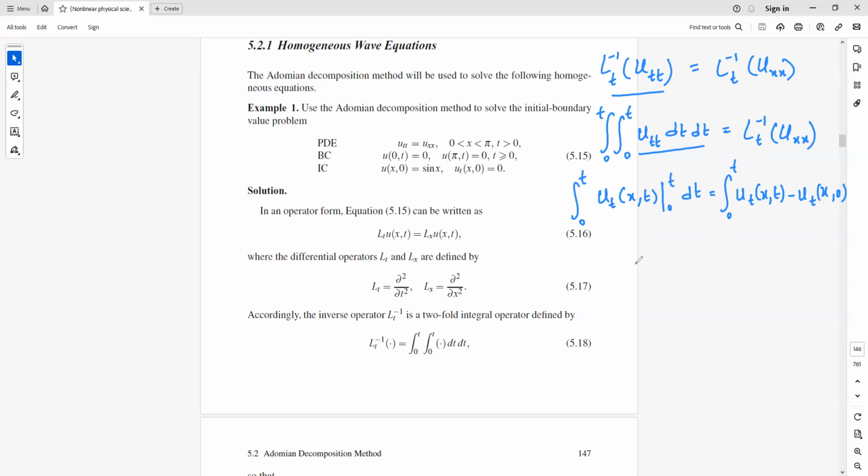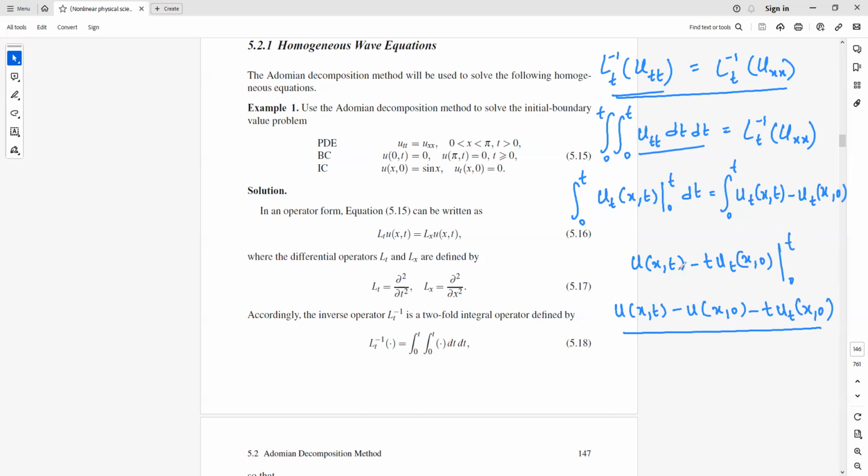If we again integrate this function, we get u(x,t) minus t ut(x,0) over the domain 0 to t. Therefore, we will get u(x,t) minus u(x,0) minus t ut(x,0). This will be the left hand side of this equation.